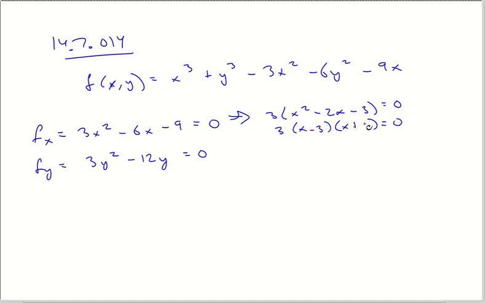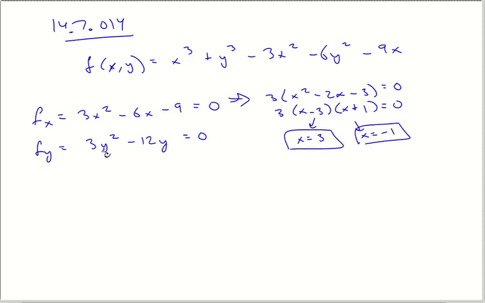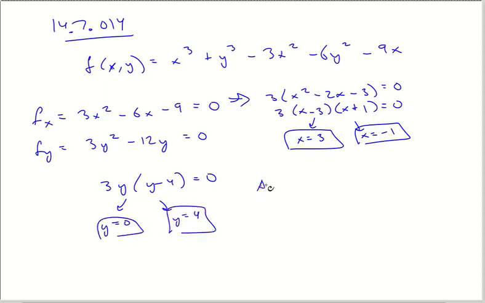Minus 3 plus 1. So I'm saying then my x is equal to 3. And then x is equal to a -1. So these are important there. This one, again, we can factor out a 3y. And so then I got y equals 0, and I got y equals 4. Remember when I said both and both?